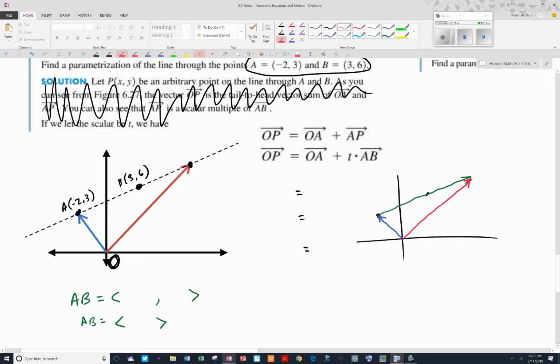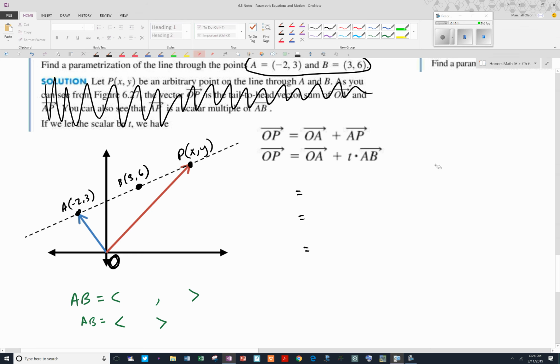Okay, so the vectors that we have are OA, which is that blue one, and then the resultant vector that we're going to end up with in the end is actually this OP here, and P is just an arbitrary point that we're going to make up called XY. That's this point that we're putting right there in this little drawing that I drew up here.